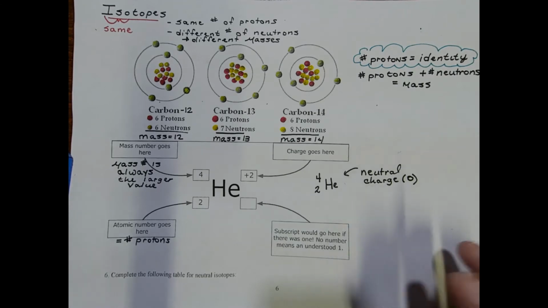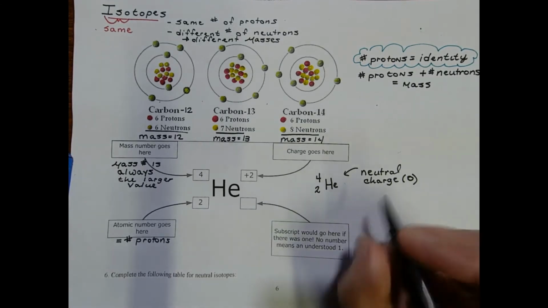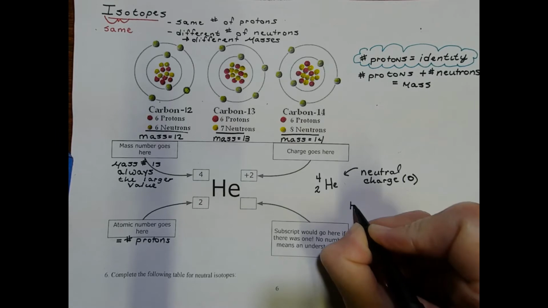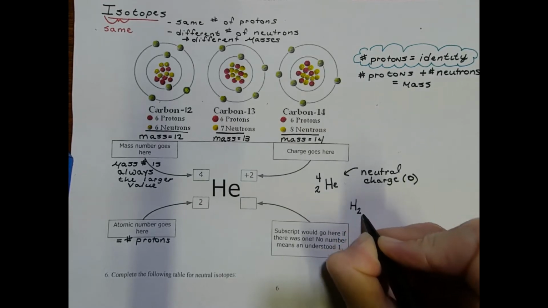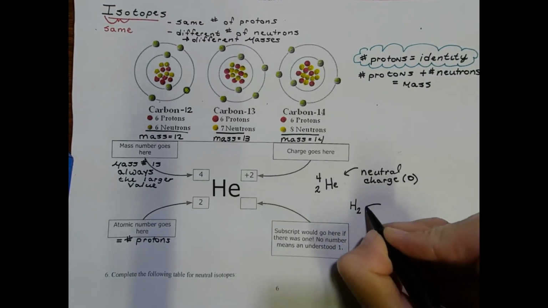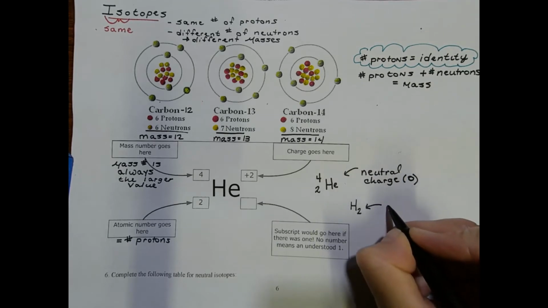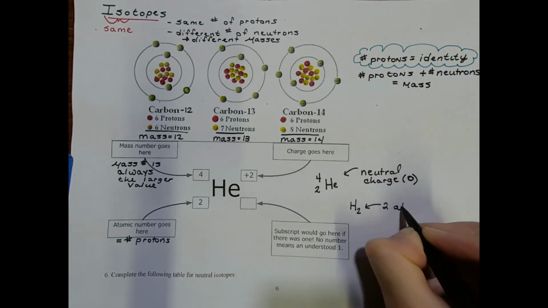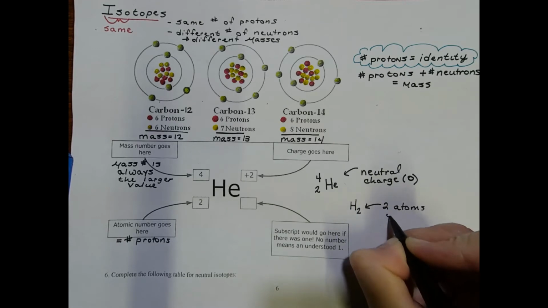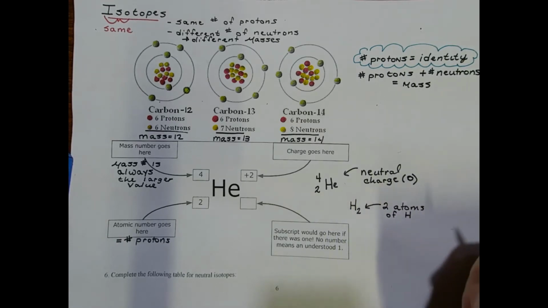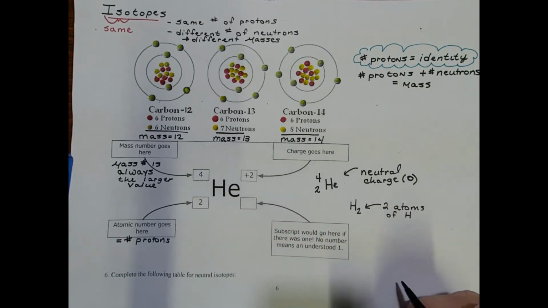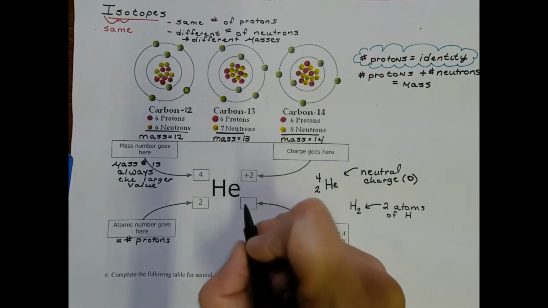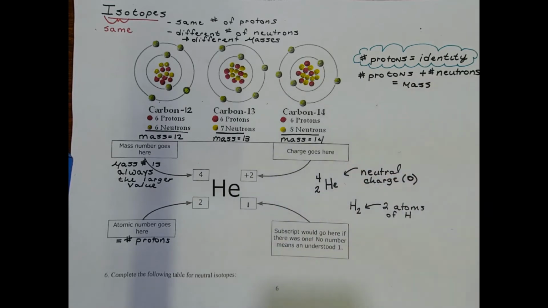So hydrogen is diatomic, and so we're going to put a 2 down there. So we have 2 atoms of hydrogen. Helium, on the other hand, is monoatomic, and so there's a 1 here, but nobody writes the 1. You just assume that there's a 1 there.